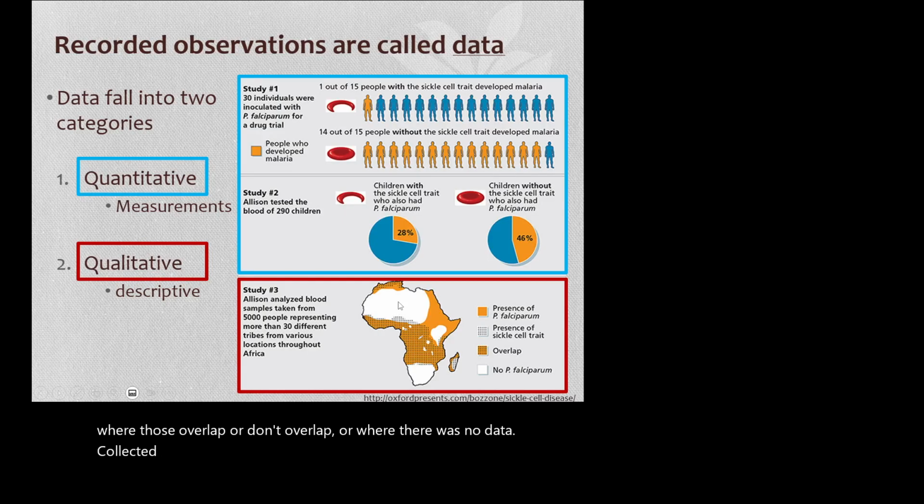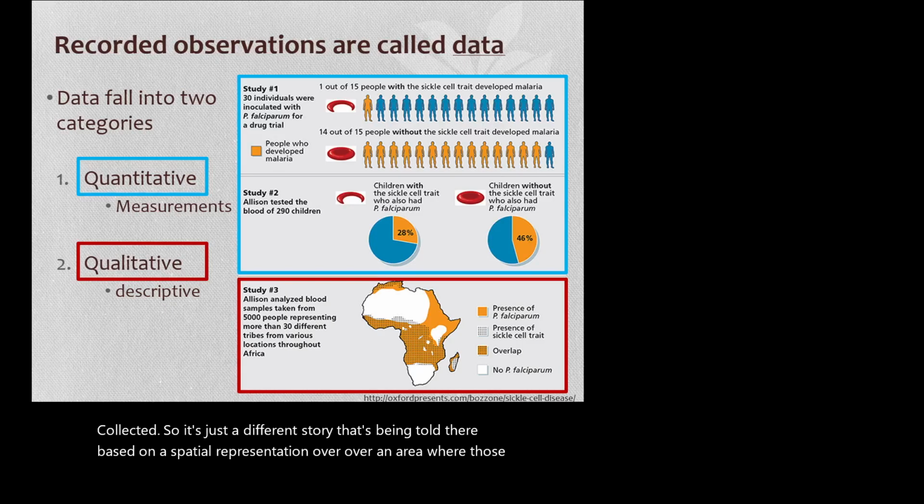So it's just a different story that's being told there, based on a spatial representation over an area where those trends occur. It's not that one type of data is better than the other. It just really depends on the message that's trying to be transmitted and how that's depicted.